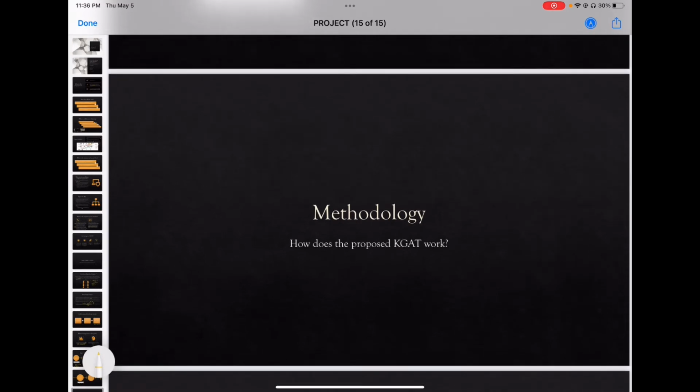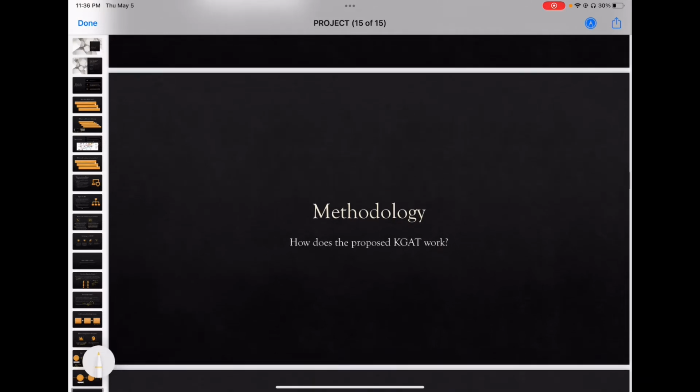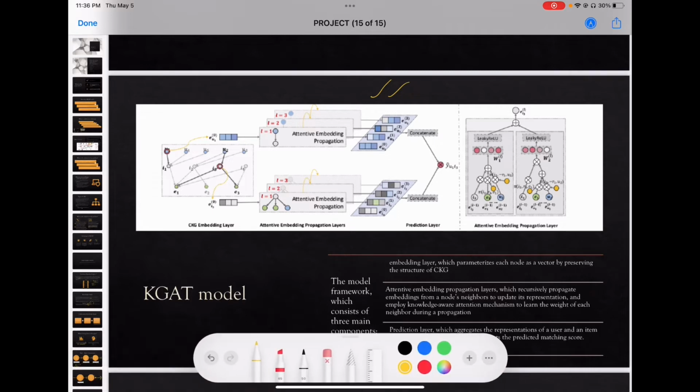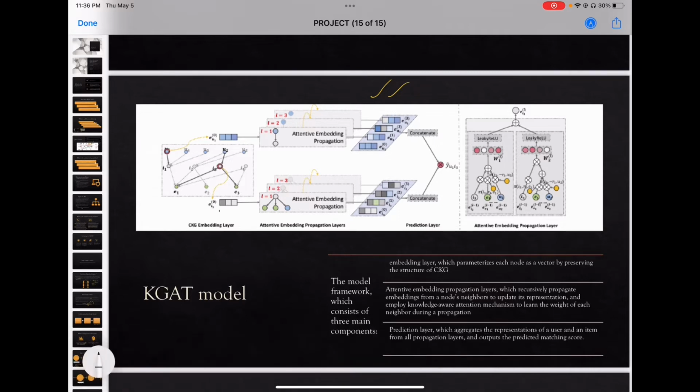How does the proposed KGAT work and how does it overcome all of the challenges that we described above? This figure here shows the model framework, which consists of three main components. The first one is the embedding layer, which parameterizes each node as a vector by preserving the structure of the CKG.